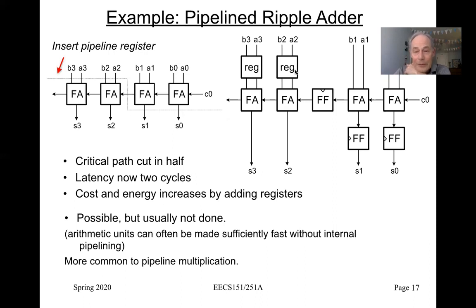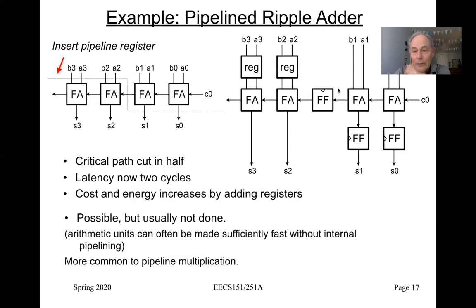You can see what these registers are doing. They're synchronizing the data with the computation, right? So at some time, we put in all the A's and all the B values. The low A and B values go into these full adder cells. The high A and B values go into these registers, and they just wait. They're going to have to wait for the next cycle before they're used. That's why we have a register here.